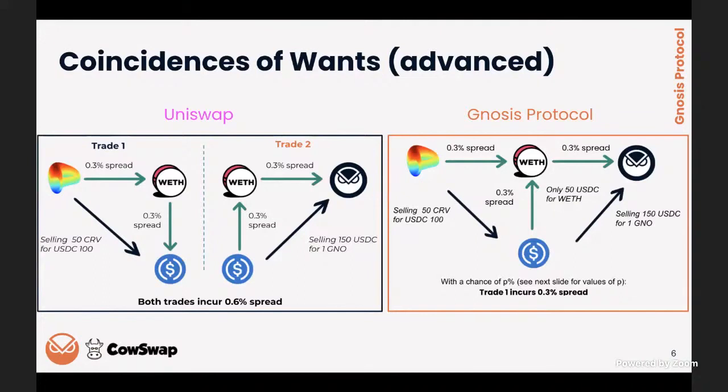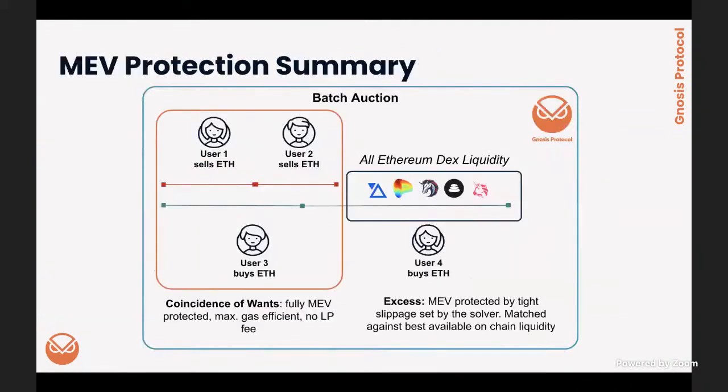So to summarize, the MEV protection that Gnosis protocol, or CowSwap specifically, offers is basically twofold. The first part is everything that we can match peer-to-peer via coincidence of wants is fully MEV protected. And it's somewhat similar to the RFQ system that we've seen in the talk before.